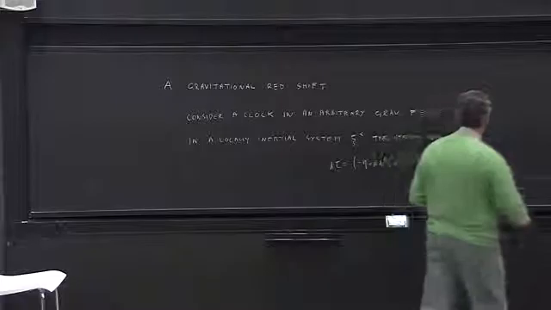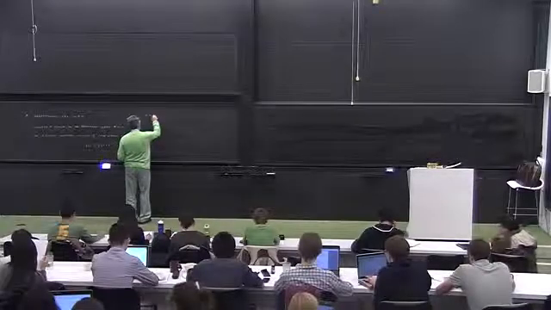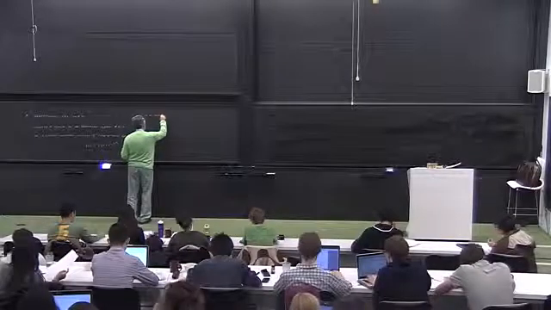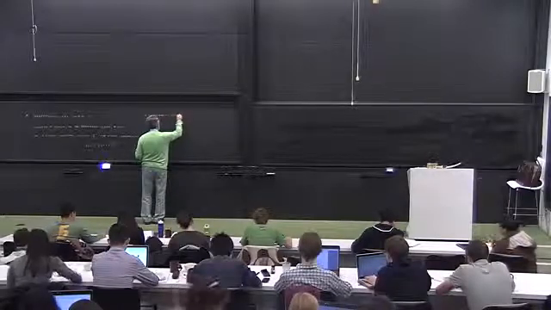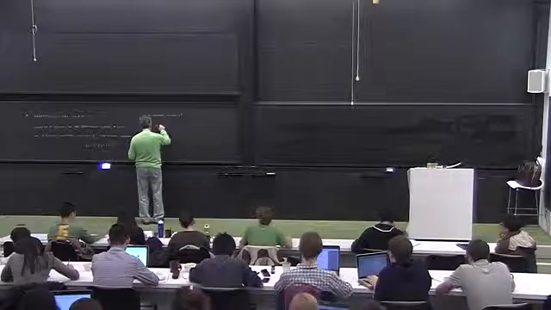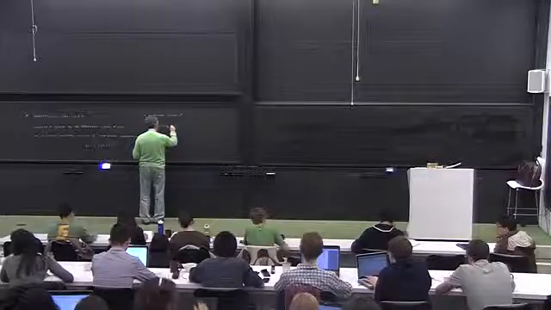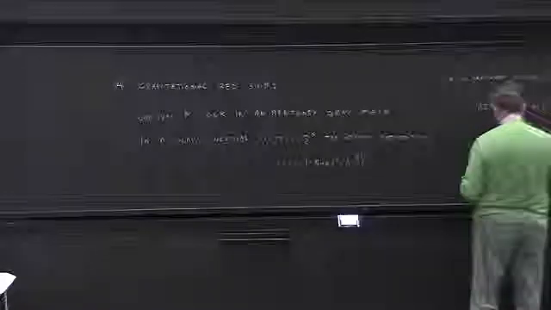In an arbitrary coordinate system, x mu, it is minus g mu nu dx mu dx nu to the half.